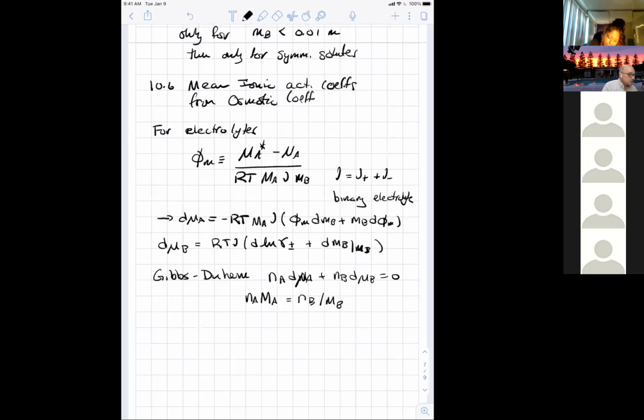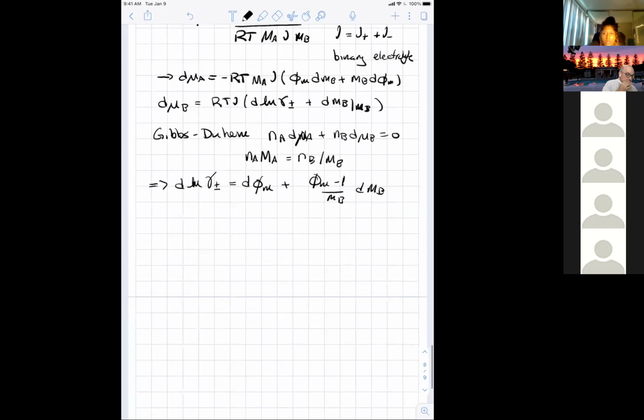You make these two substitutions, and what you are able to do is say d log of the mean ionic activity coefficient equals d phi m plus (phi m minus 1) over mb dmb. And so we end up with really the same kind of expression that we had before, just in terms of our mean ionic activity coefficients.